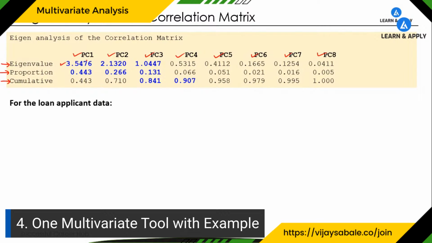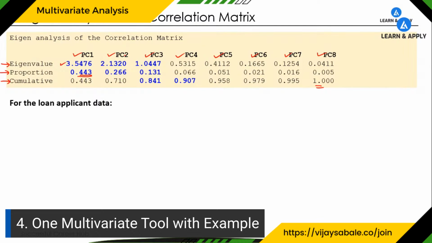So we can see the first principal component has the highest variance compared to the others. And its contribution is 44.3%. So this first principal component has the highest weightage, 44.3% of the contribution to the overall 100% of the variance, right? So we need to focus on this principal component 1.